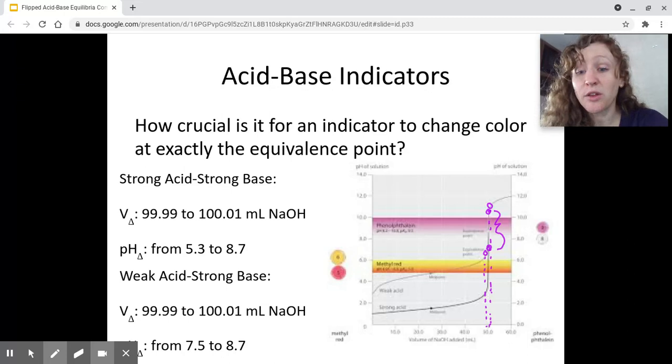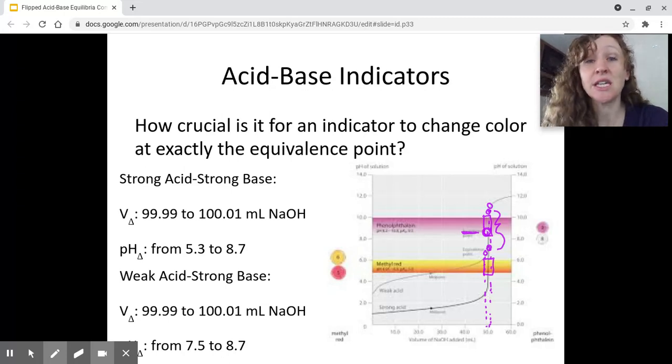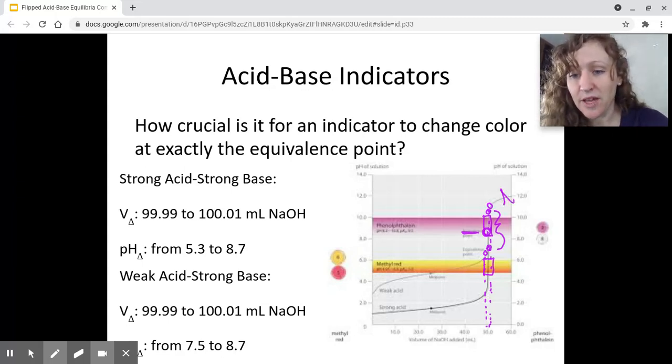So would methyl red be a good indicator in this case? No, it wouldn't. Phenolphthalein would still work, though. Even though our equivalence point is at the very bottom range of phenolphthalein, that color change is still completed by the time you get out to the point where you just have NaOH building up again. So does the endpoint have to be exactly the equivalence point? No, it doesn't.